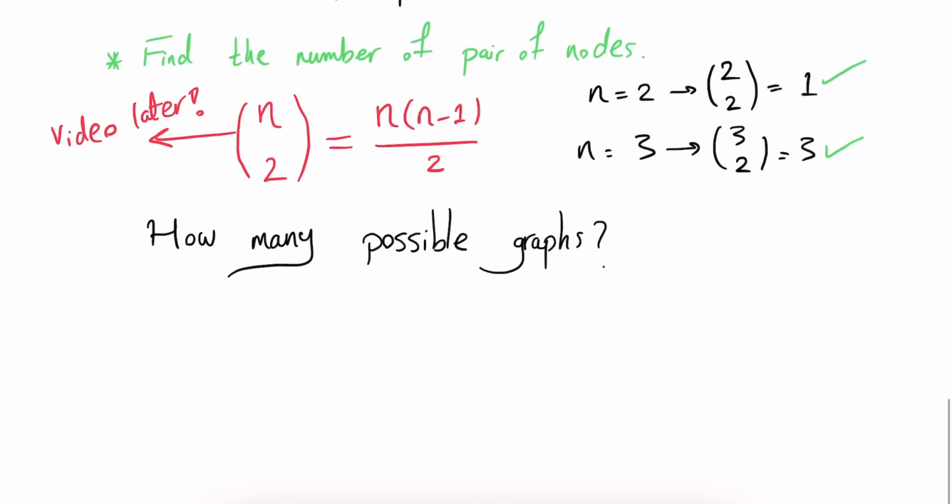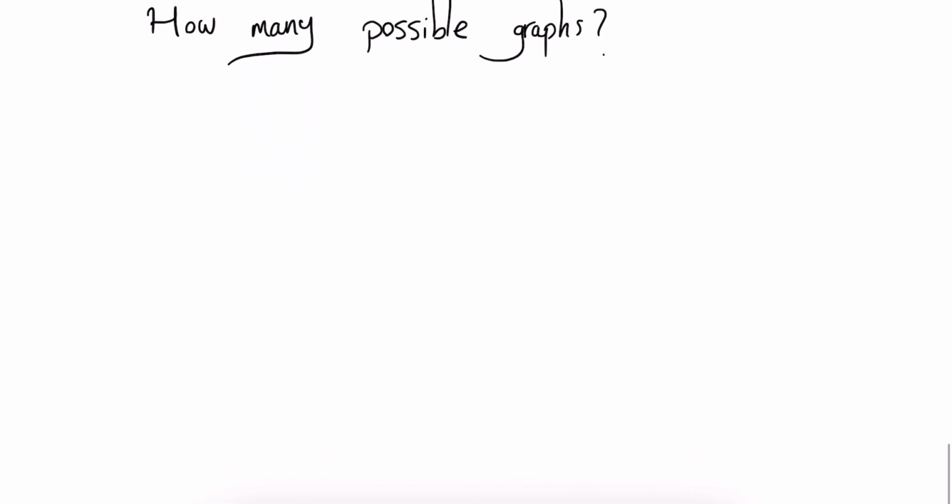Now we move on to the next question I want to ask you. For a graph with n nodes, how many possibilities are there? How many possible graphs can we have? So let me give you another example here. Suppose n equals 2 and we have node 1 and node 2.